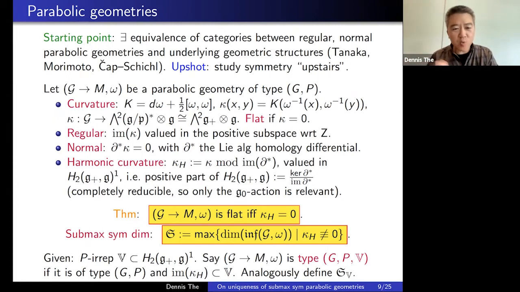Suppose I choose one of those irreducible pieces there. Okay, so this is V. I'm going to say that a geometry is of type GPV if it's of type GP and harmonic curvature is concentrated in that particular submodule. And analogously, we're going to define the submaximal symmetry dimension relative to that submodule. Okay, so just everything, harmonic curvature, concentrated in V.